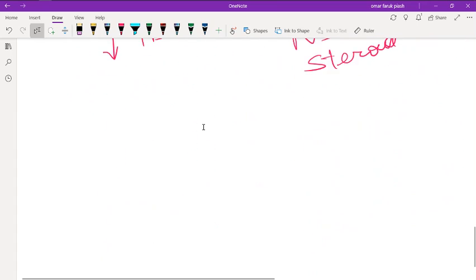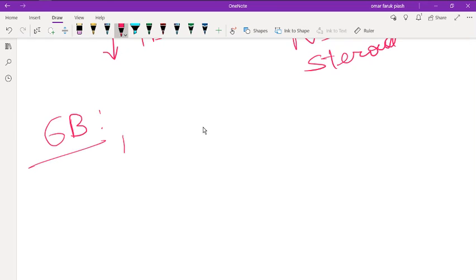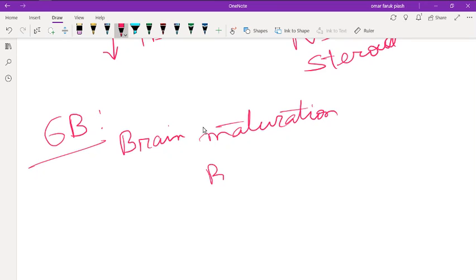Can you remember the functions of thyroid hormone? There is a mnemonic, 6B: brain maturation, bone growth, synergism with growth hormone, and beta 1 adrenergic effect.